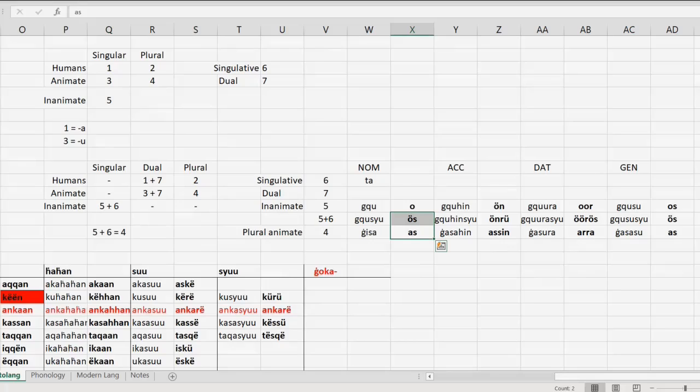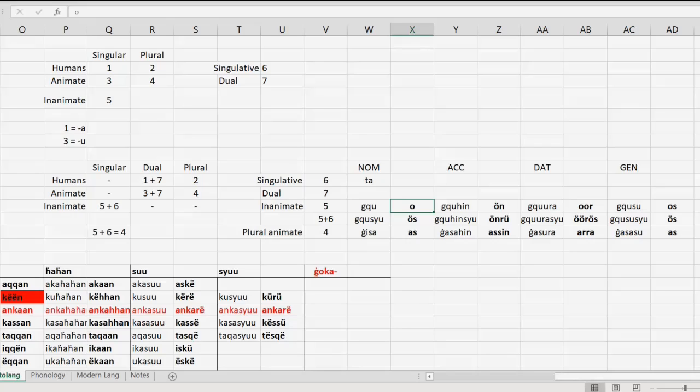So we've already determined that what is effectively the inverse number marker is this underspecified low vowel followed by an S. And in fact, the basic form of the inanimate, which was originally used both for singular and plural, but then in the singular it got replaced by the singulative, that will just get reduced to a single vowel, and even then I imagine that will be lost most of the time.